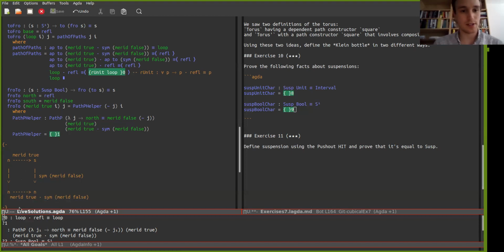I think this is actually just the square for composition. This is refl, and yeah, so this square has a trivial filler, which is also one of the basic lemmas. Yeah, this is a very basic lemma in the library.